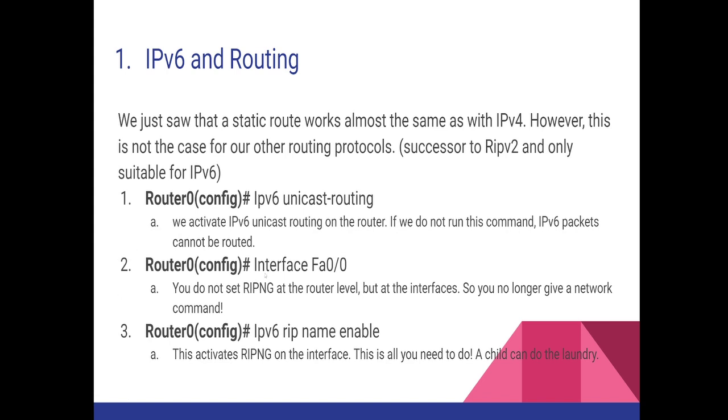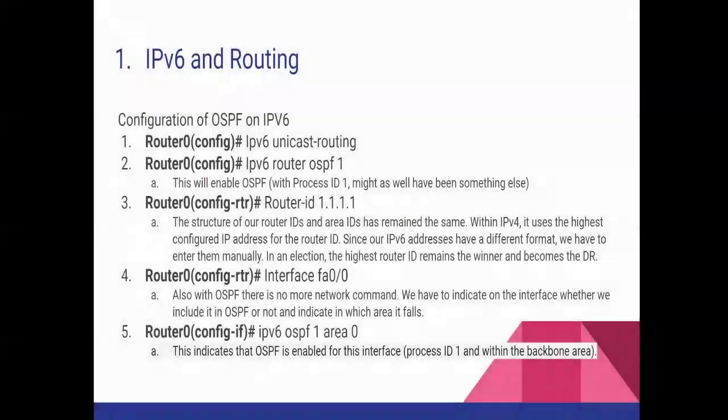It's not that difficult. Once you have practiced a little, it shouldn't be too hard. And this is for OSPF. It's a little bit more work, but it's still very doable. It's basically the same as IPv4, with some minor changes.